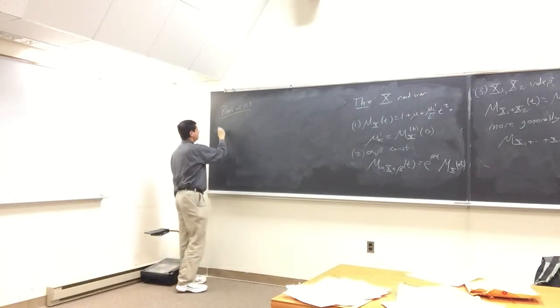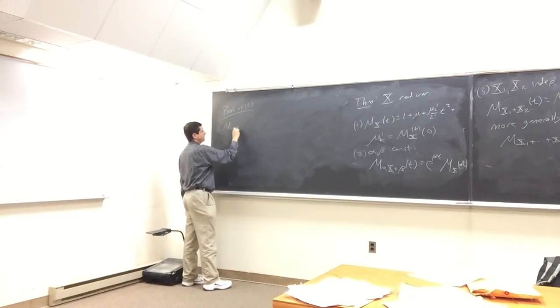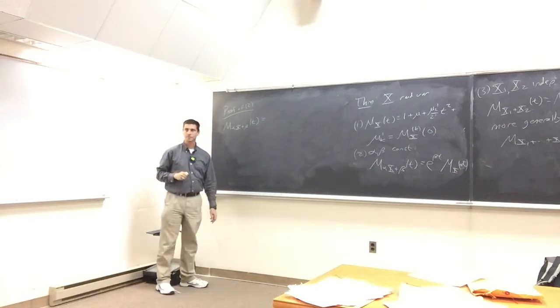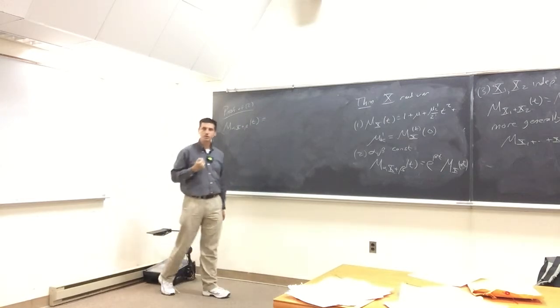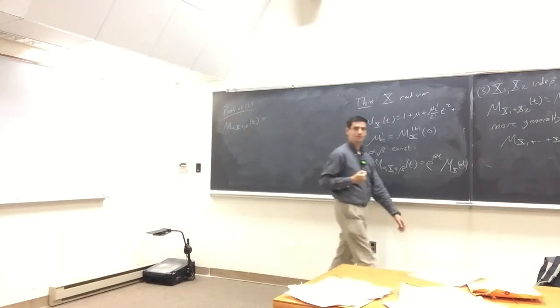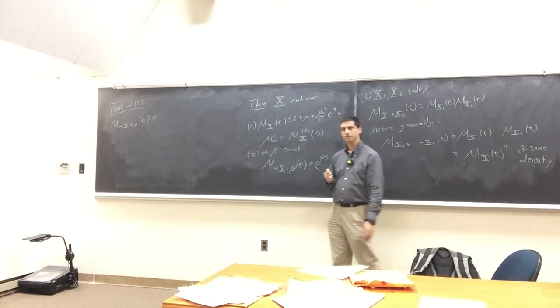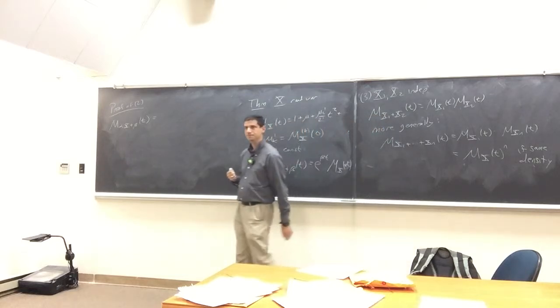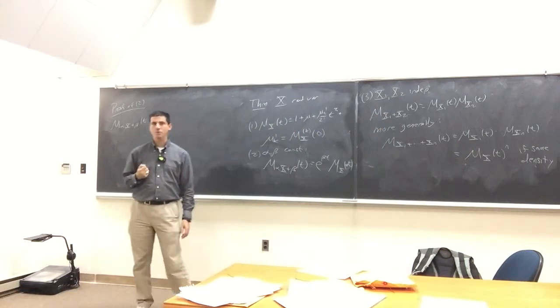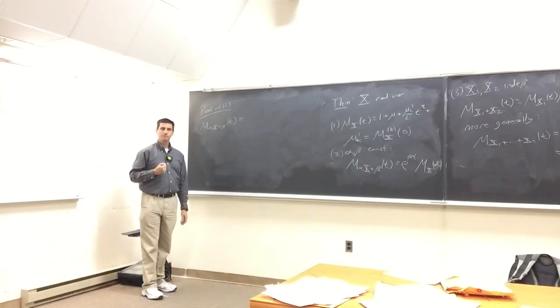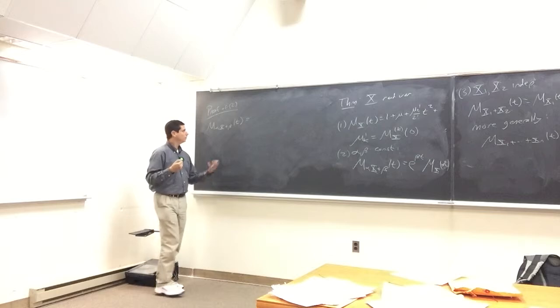So we want to study the moment generating function of alpha x plus beta at t. How should we start? What should line 1 of the proof be?